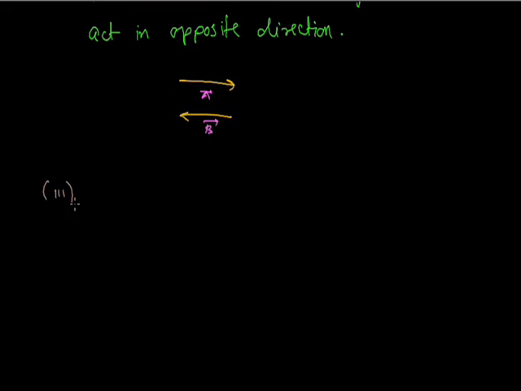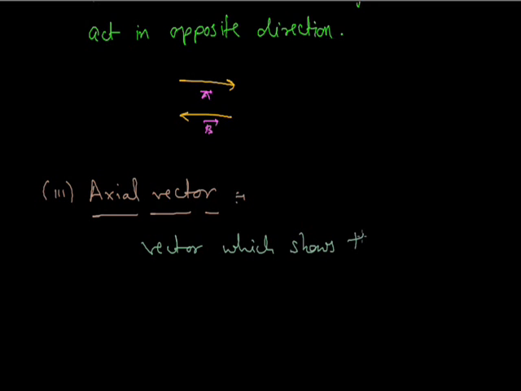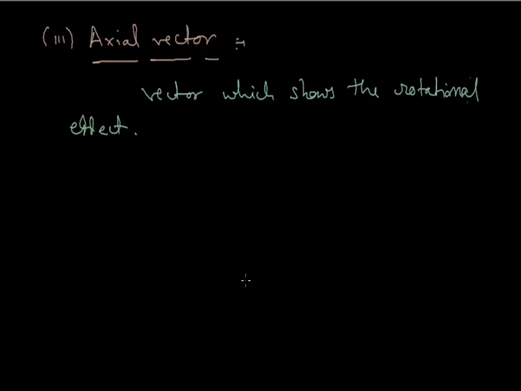Third, axial vector. A vector which shows the rotational effect is an axial vector, and its direction is along the axis of rotation.